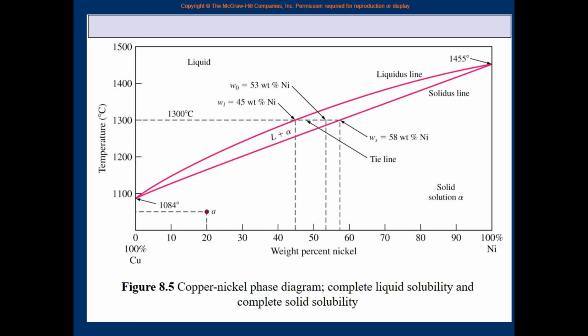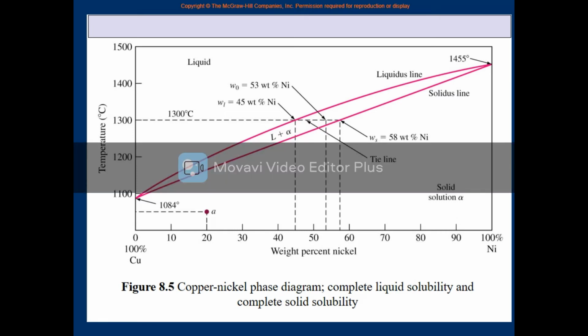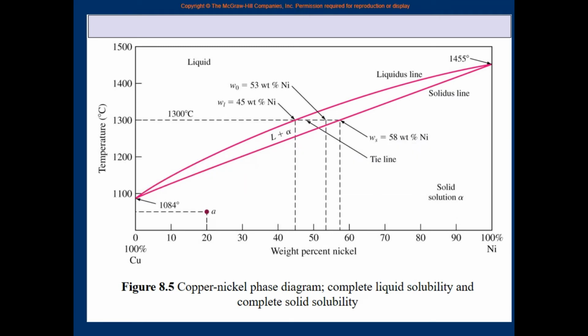I hope you have taken some small break and you are now doing it. So now see, we are on this phase diagram, and we have already explained to you the terms liquidus line, solidus line, tie line, composition of the alloy, temperature, and so on.